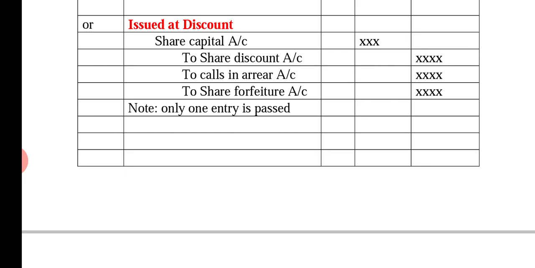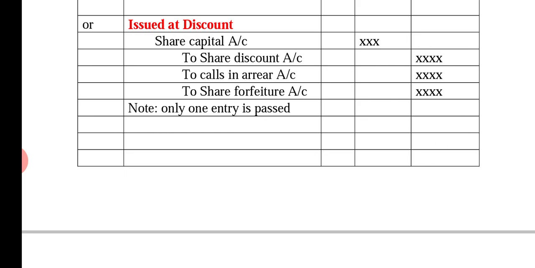So share capital account: here the called up amount is 7. It is issued at 1 rupee discount, so the discount amount is 1 rupee. Calls in arrear 2 rupees. The remaining share forfeiture account is 4 rupees.